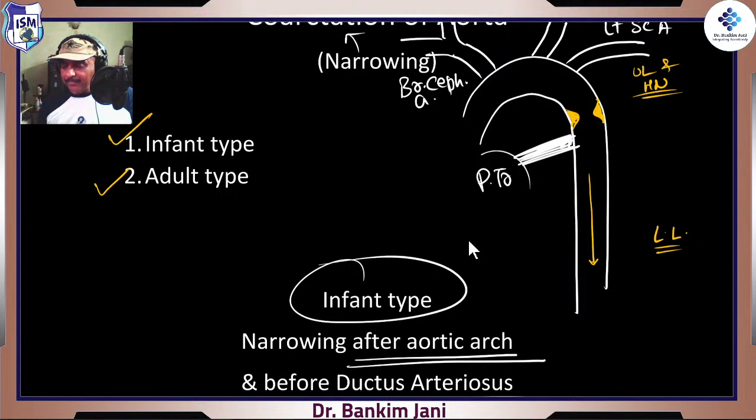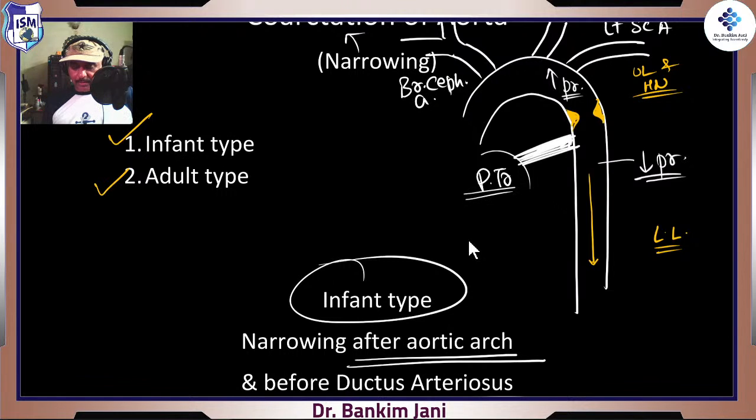Okay. Now will it make any difference? It would make a difference, because whenever there is a tube, there is a pipe, if you narrow it down at one point, there would be a rise in the pressure, increased pressure over here, right? And there would be decreased pressure over here because less fluid is coming. Over here the fluid is accumulating, so there will be more fluid behind, less pressure further.